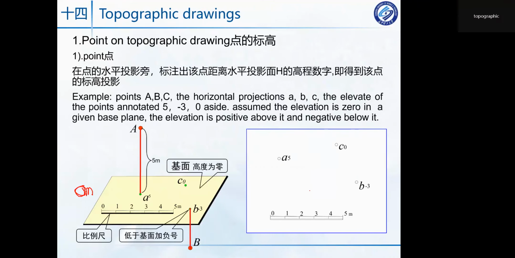So everybody, please use your hand and draw this. There are only 3 points with their names and elevations.